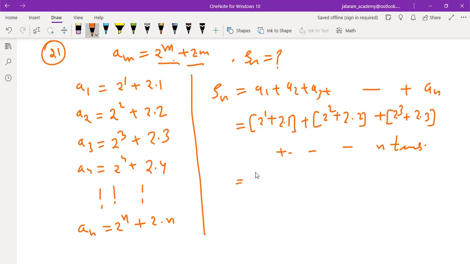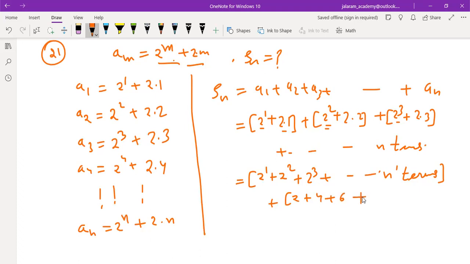Now in one bracket we will write all the first terms: 2 to the power 1 plus 2 square plus 2 cube and so on up to n terms, plus in the second bracket we write 2 into 1 plus 2 into 2 plus 2 into 3, that is 6, and so on up to n terms.